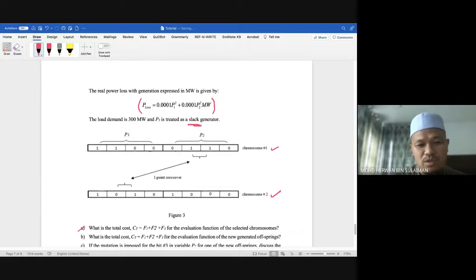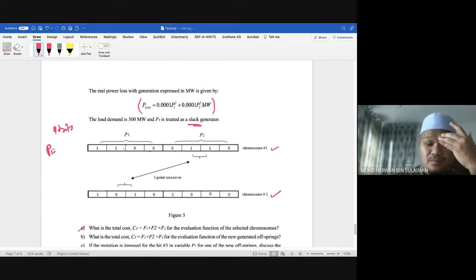We have 1100, which is 4 bits. Since it is two to the power of n, that is 2 to the 0, 1, 2, 3. This representation for P1 needs to be decoded.